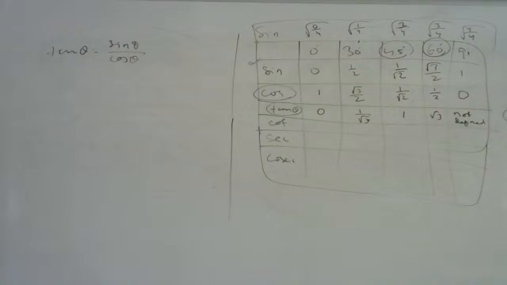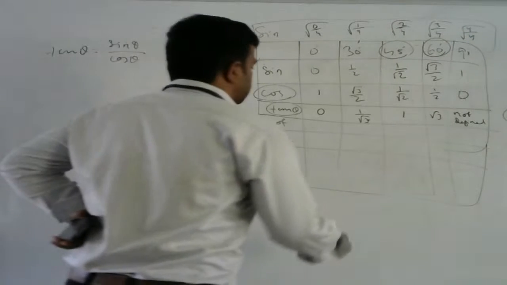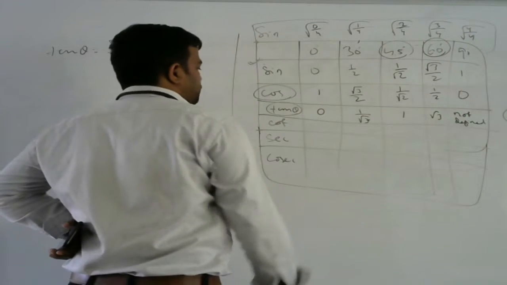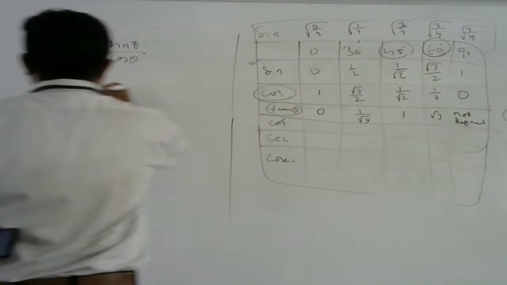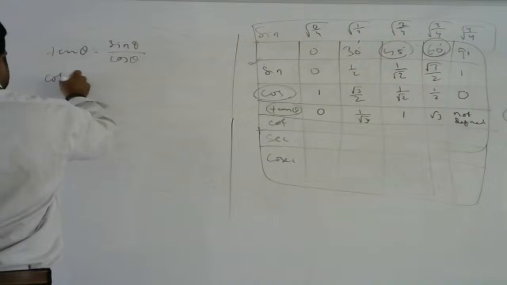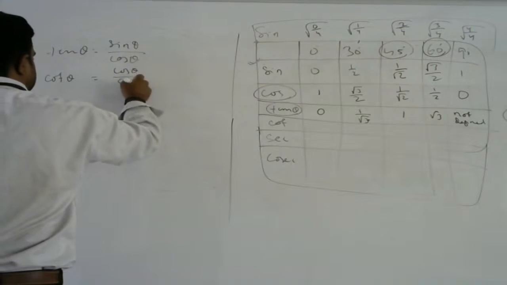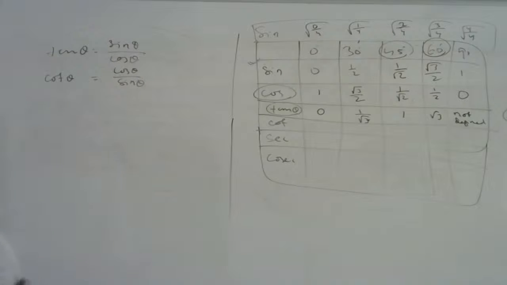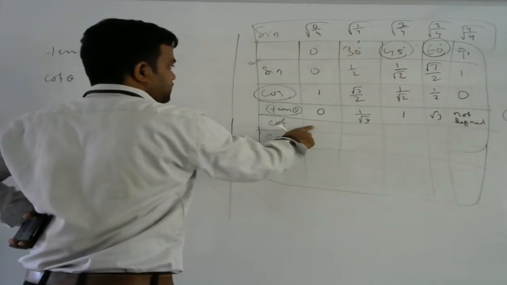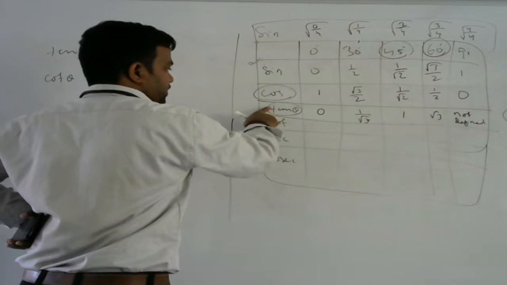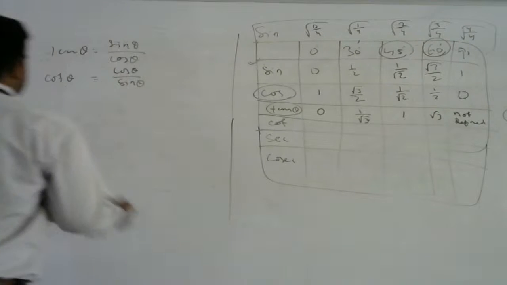Okay. So now cot. The cot you can do both ways. Cot theta is just the reverse of tan: cos theta upon sin theta is cot theta. You can write cos theta by sin theta is cot theta here, or you can write 1 upon tan theta is also cot theta.